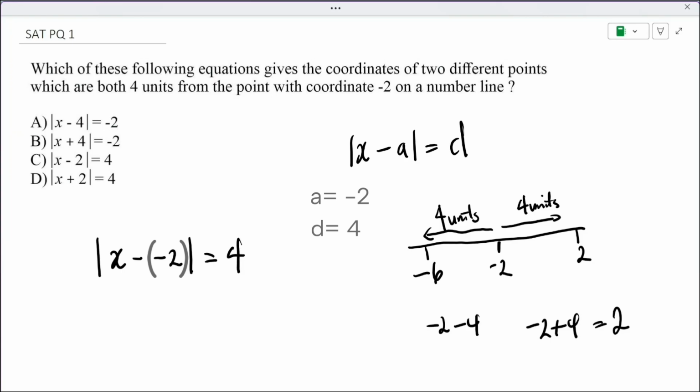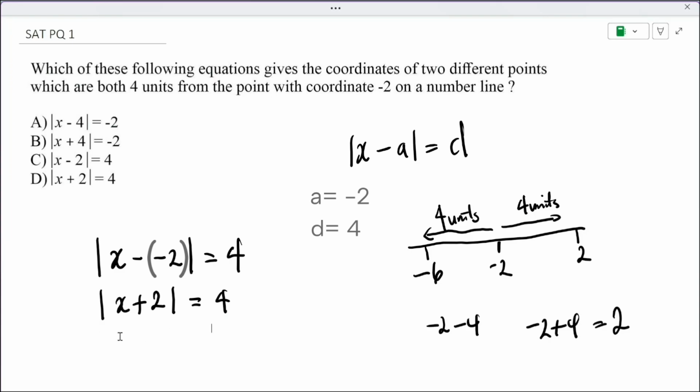So we have the absolute of X minus -2 equals 4, which further simplified, you have absolute value of X. When you have two negatives together, you resolve it into one. Negative and negative gives you positive. So you have +2 equals 4.